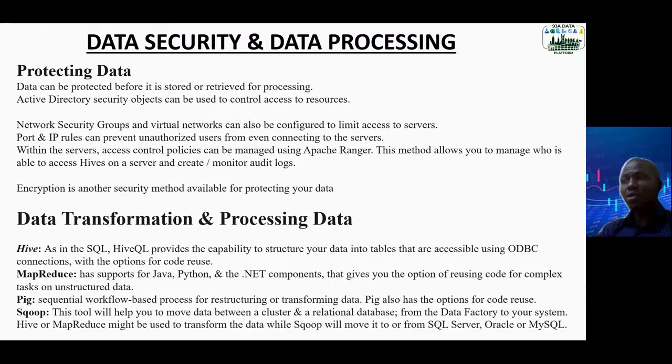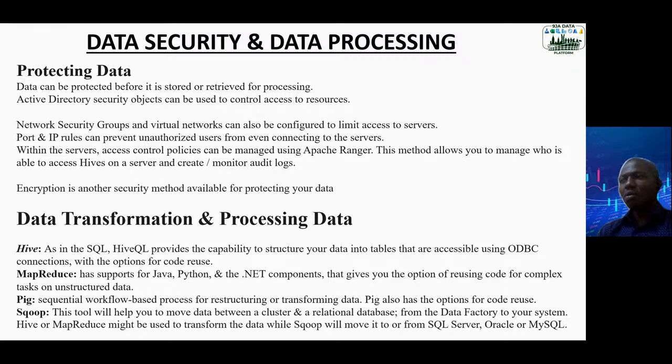We can also have network-level security that can prevent some IPs from accessing some data. Even within the data, say the table, you can do column protection or row protection for some data. You can even add some noise to some data so that people who are not meant to have access don't understand what the data is meant for. Another one is encryption. So these are examples of how you can protect your data.